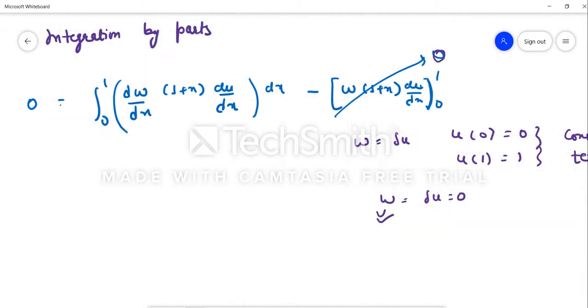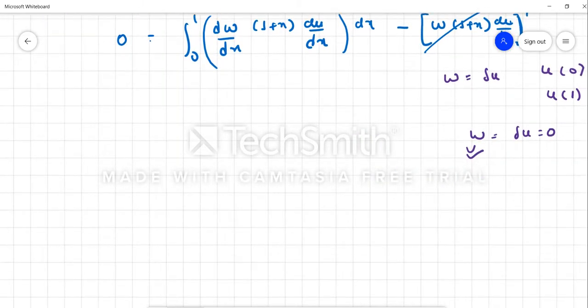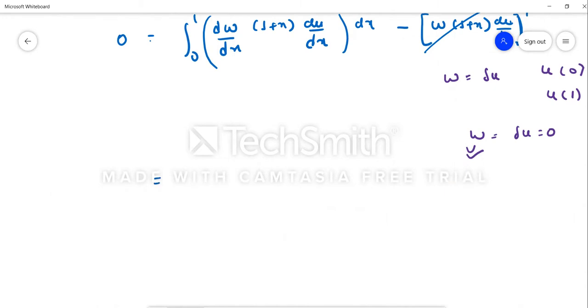Now if we solve further, this is finally the weak form: integral from 0 to 1 of (1 plus x) dw over dx du over dx, dx. Let me write this again.